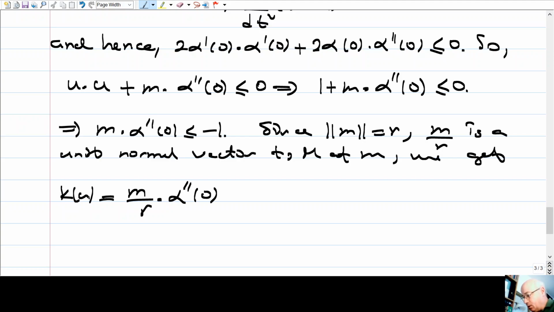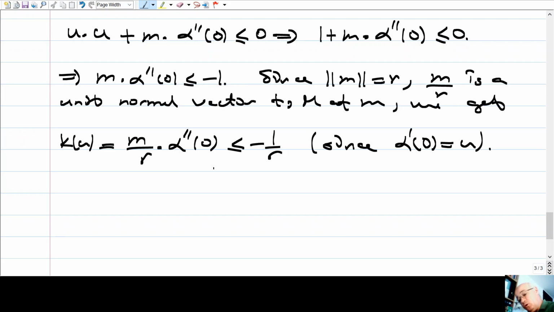Right here, u is just, remember, this vector. So I know this, and therefore, okay, let me write here. This is less than minus 1. So if I divide by r, I will get minus 1 over r. This is since alpha 0, alpha prime 0 is equal to u. Okay. All right.